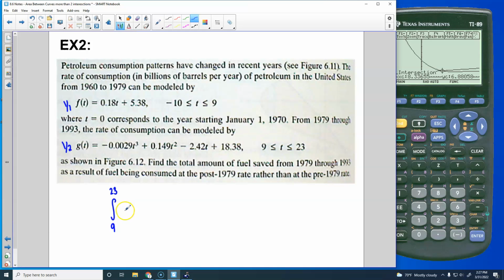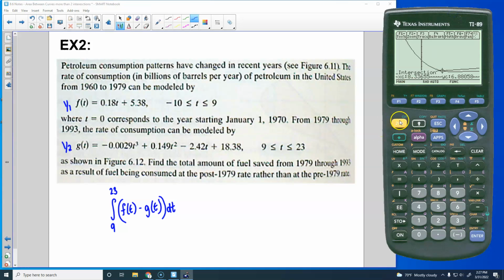Yep, so if that line continued on and that was what you used the whole time, then you would have this area under the curve right here. But it's not. We're using this cubic function instead, which is lower. To see the difference between those two, we can subtract. So we would have f of t minus g of t dt here would give us our answer.